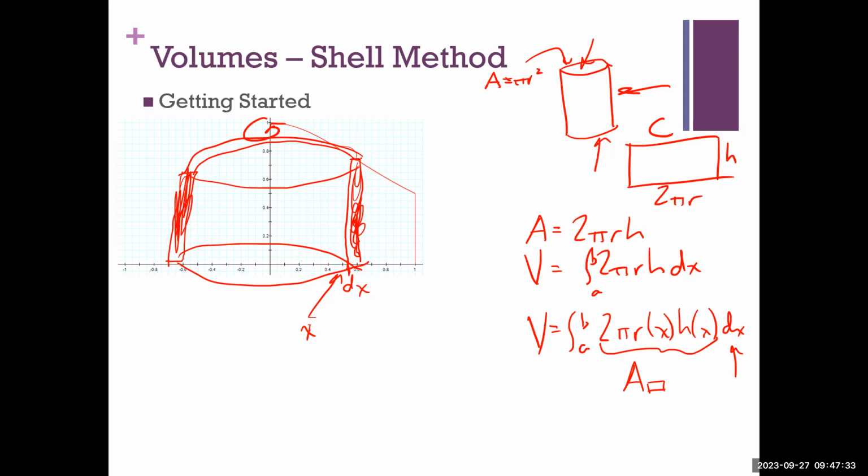So back to why this thing has this definition. Now that we're revolving a region around a y-axis, we want to use an integral in terms of x to find that volume.